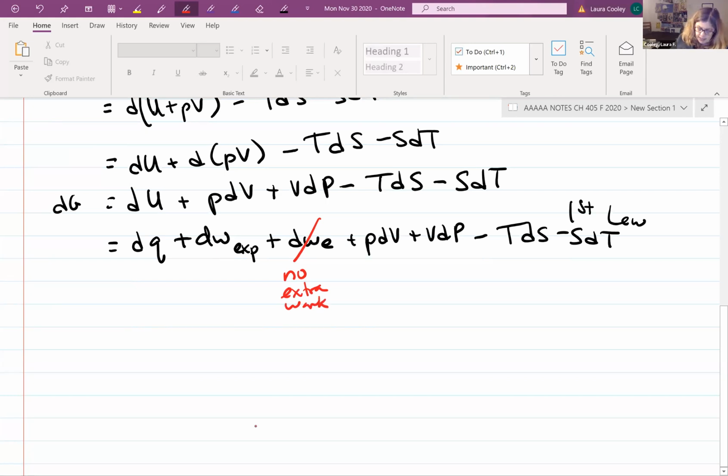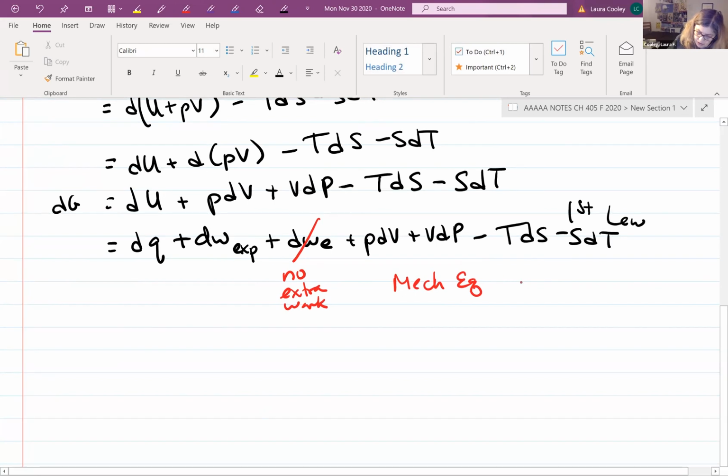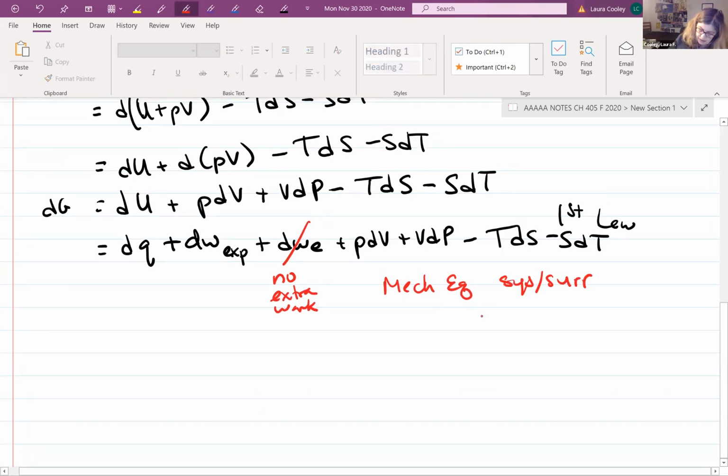Okay, we're going to say that there's mechanical equilibrium between the system and the surroundings. So what does that let me do? So this is minus P external dV. So that allows me to cancel this and this.